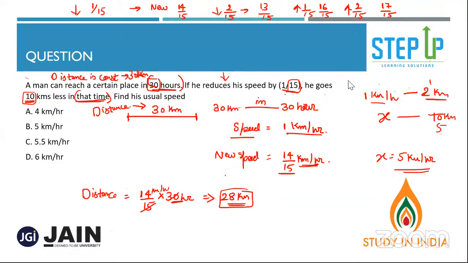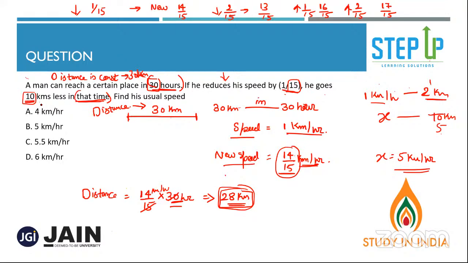So I assumed a 30 kilometer distance. If I'm traveling it in 30 hours, my speed is 1 kilometer per hour. Now, if I reduce my speed by 1 by 15, my new speed will be 14 by 15. If I'm traveling at this speed in 30 hours, I'll travel 28 kilometer.